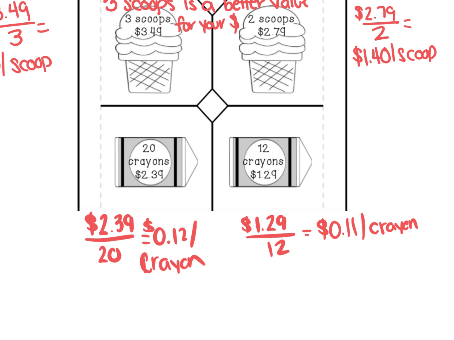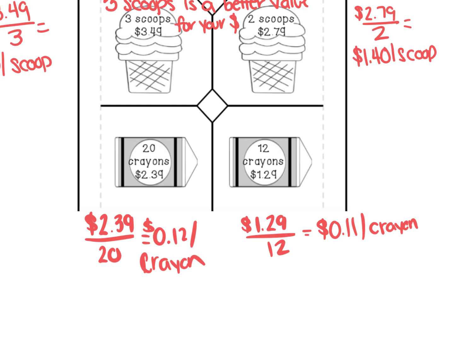So for this one, you might say, oh, the 12 pack is cheaper per crayon. I'm going to get 2 12 packs instead of a 20 pack because it's cheaper per crayon.